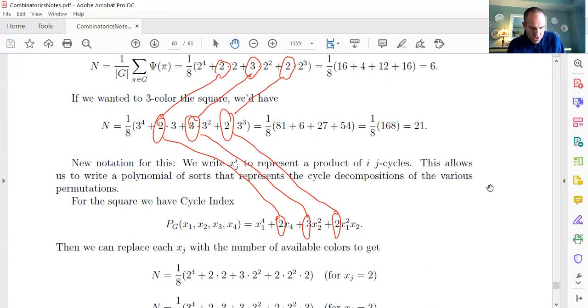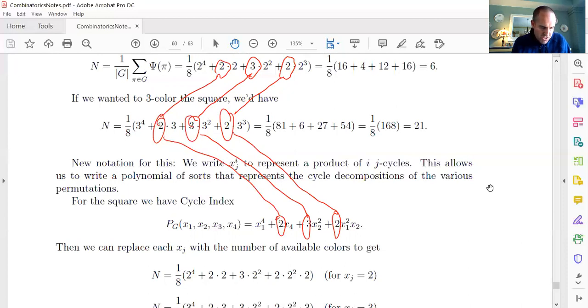So how in the world would we use this cycle index polynomial to actually get the number of colorings in general? Well, you would take this cycle index polynomial and simply plug in all of the x's equal to the number of colors. Then you would divide by the size of the group.